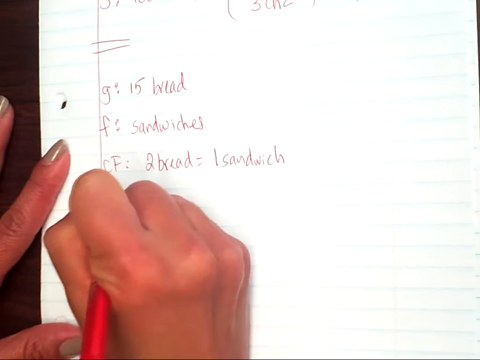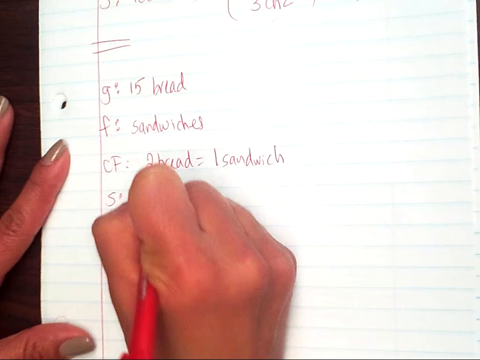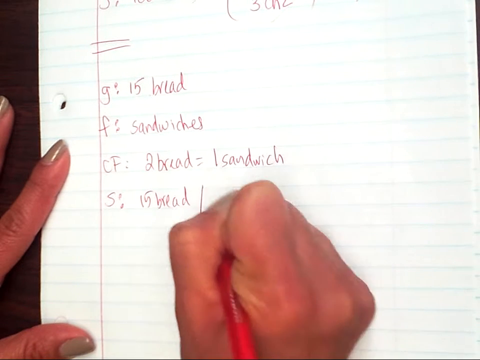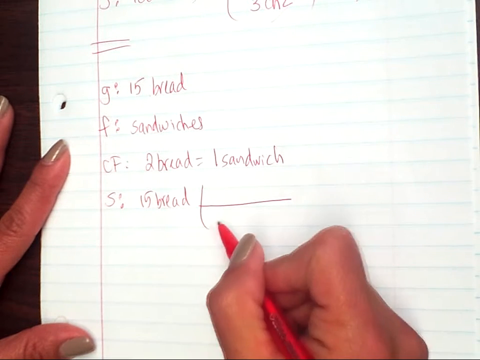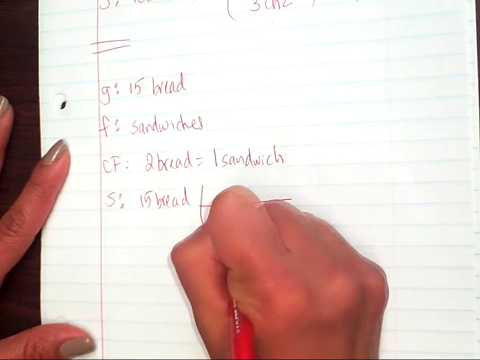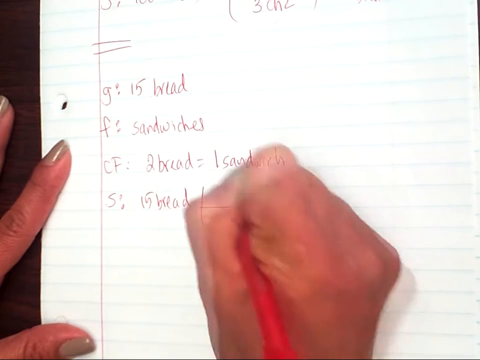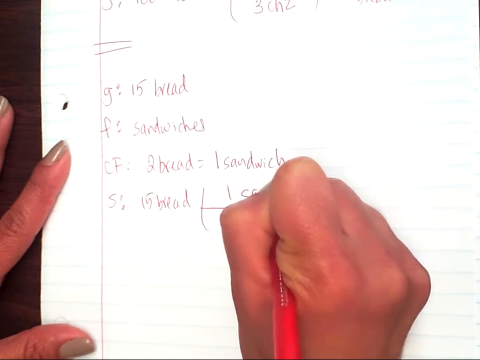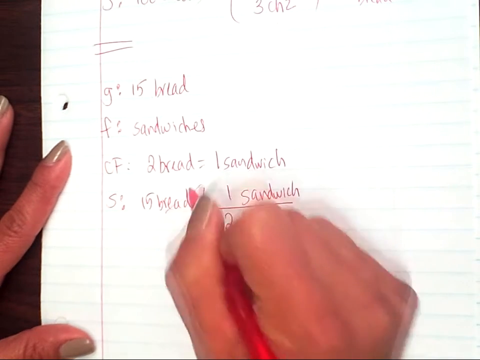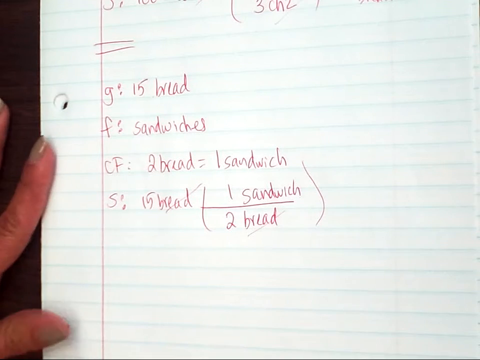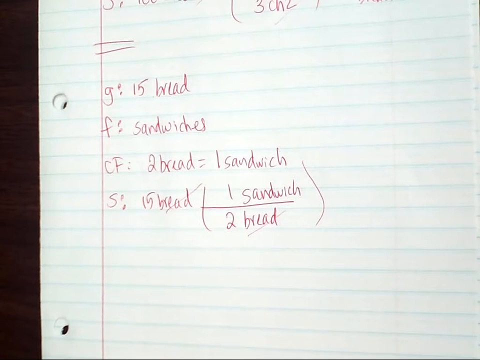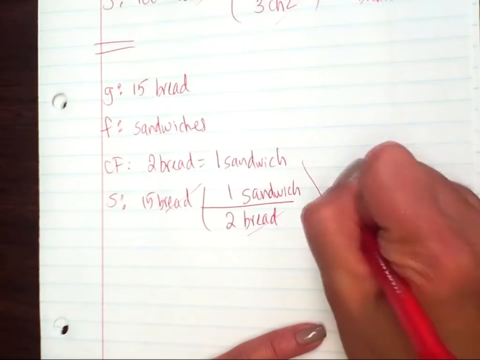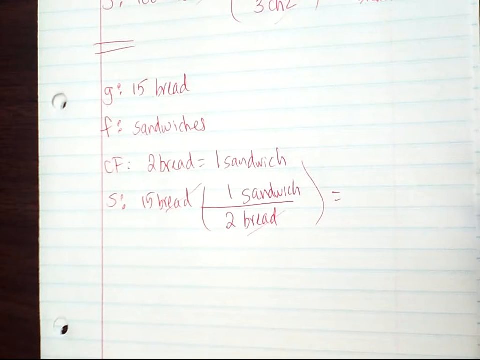You start off with what was given. What goes on the bottom? 2 bread, 1 sandwich. The breads cancel out. You do the math. And most of you knew this answer to begin with anyway.